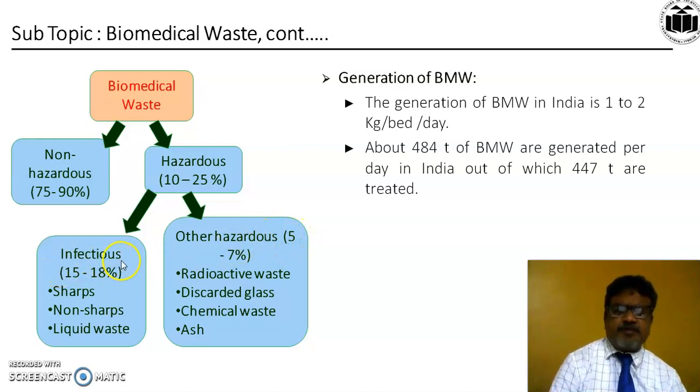So infectious biomedical waste are about 15 to 18%, which include sharps, non-sharps and liquid waste, and other hazardous waste are about 5 to 7%, which includes radioactive waste, discarded glass, chemical waste and ash.